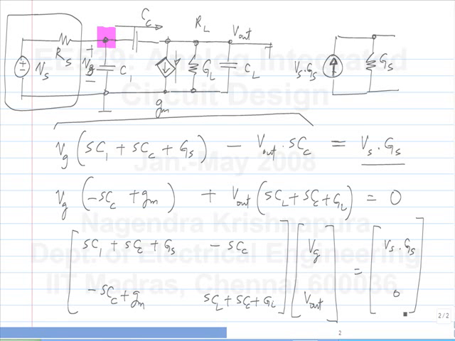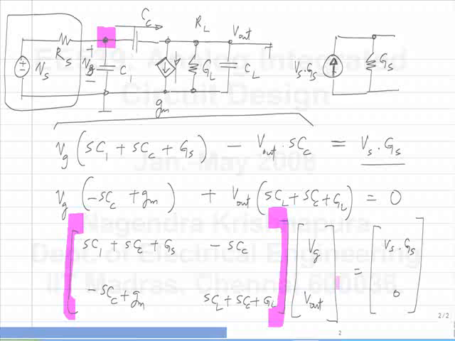So this is some admittance matrix times the voltages equals some source vector. Okay. So in the solution, I have to invert this, and in the solution to Vout, I get the determinant of this matrix in the denominator, right? And what do I get in the numerator? I substitute this vector for the second column because Vout is the second element of the vector. Okay. So anyway, you can solve it any which way you want, but it's always best to be systematic. Okay.